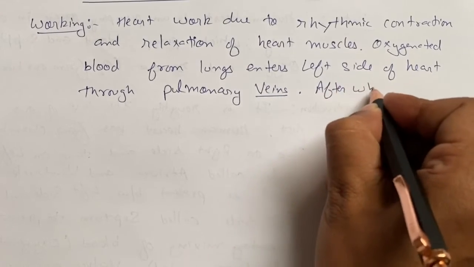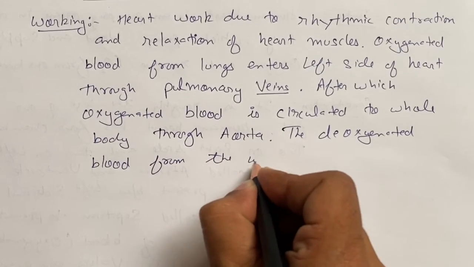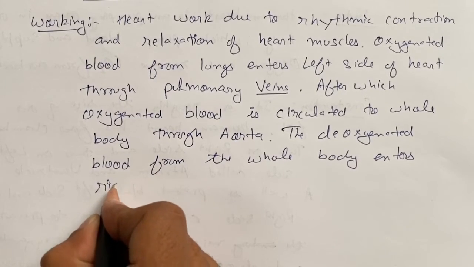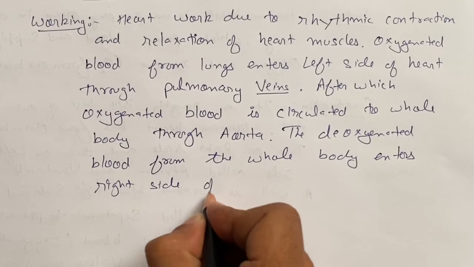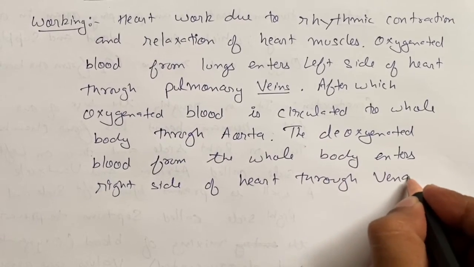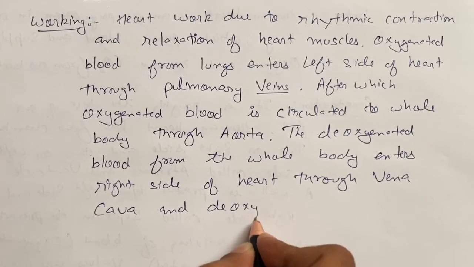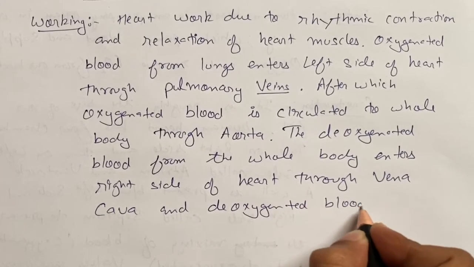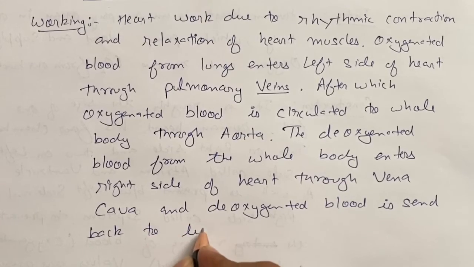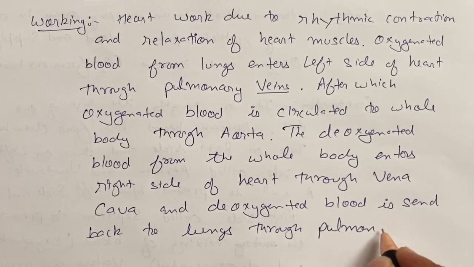After which blood from the whole body enters right side of heart through vena cava, and deoxygenated blood is sent back to lungs through pulmonary artery.